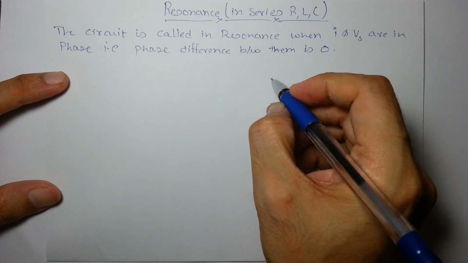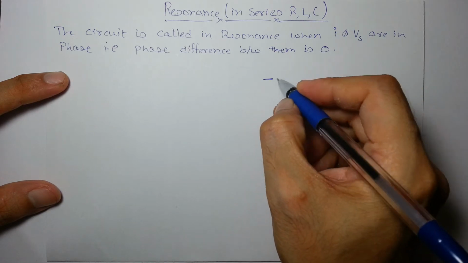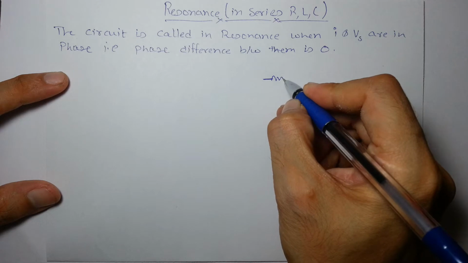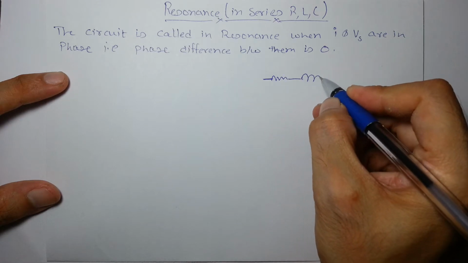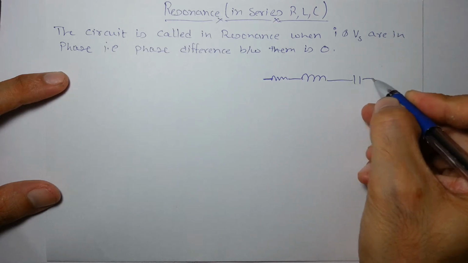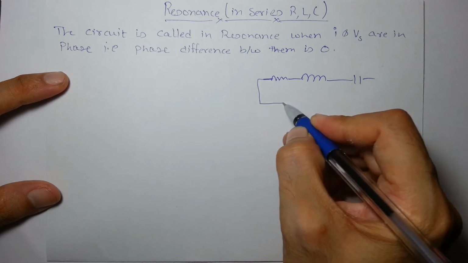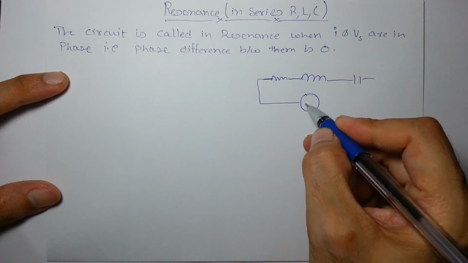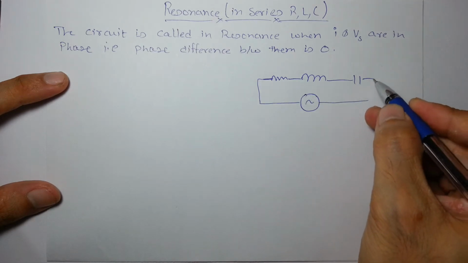Okay, so let's take a resistance, an inductor and a capacitor. All are in series and there is source voltage.